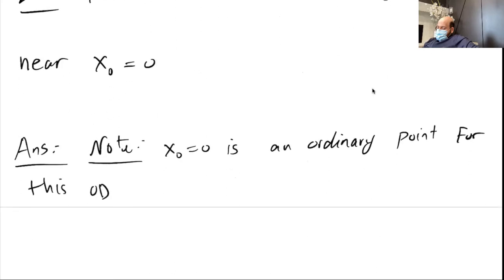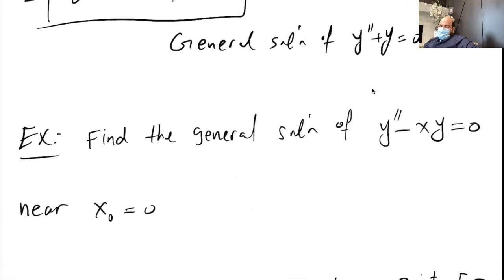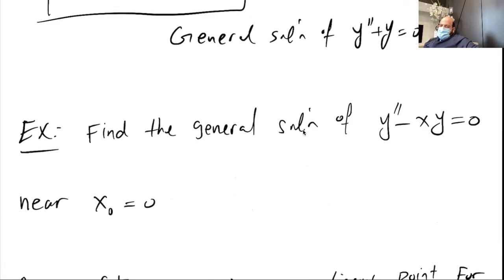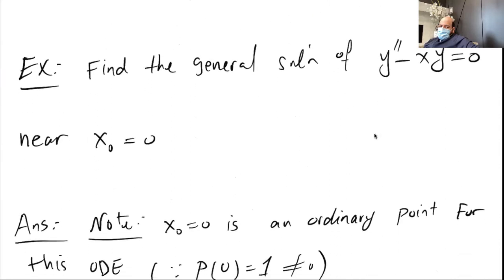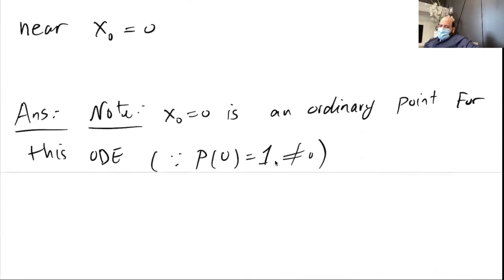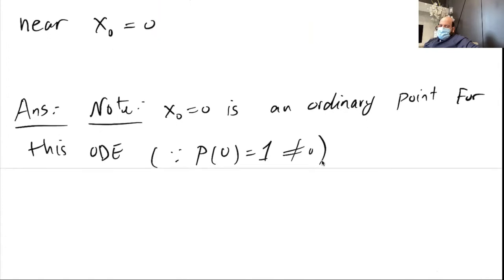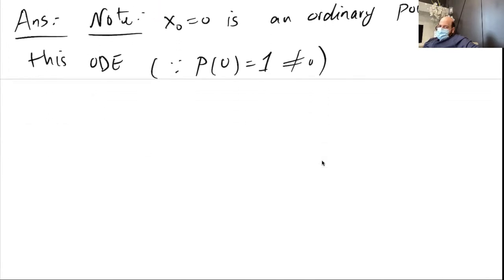Why? Because P of 0 is 1, which is non-zero. P of x in this case is the constant function 1, the coefficient of y double prime, so P of everything will be 1, which is non-zero. So we can use the procedure and write y as sigma a_n x to the power n, from 0 to infinity.